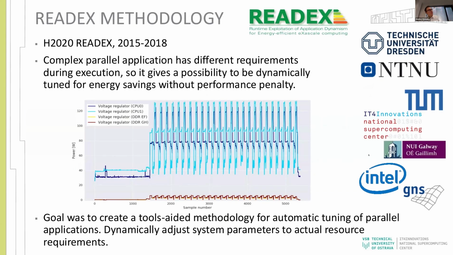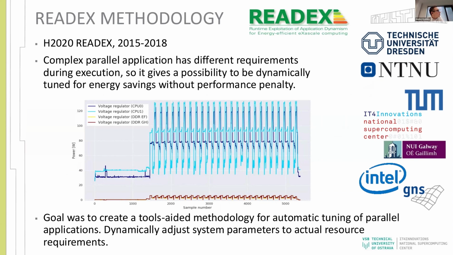So that's with the static, while the applications typically behave dynamically, and have different requirements on the hardware during the runtime. So one part of the code is compute bound, a different one is memory bound.